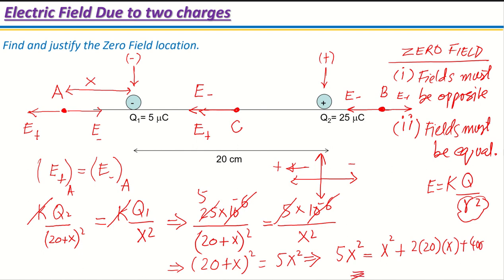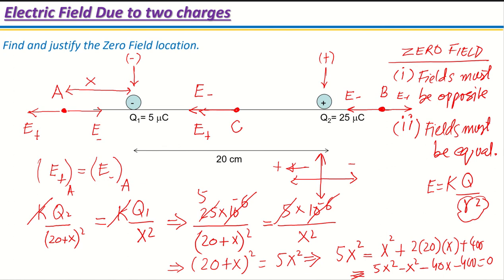So we can write that this is equal to 5x squared minus x squared minus 40x minus 400 equal to 0. So that is 4x squared minus 40x minus 400.